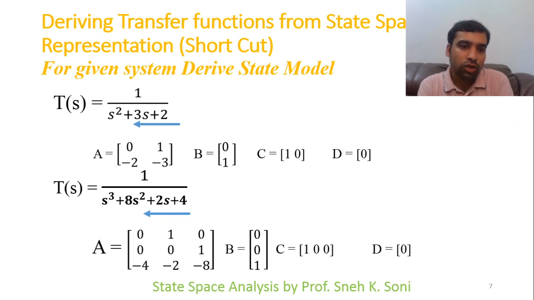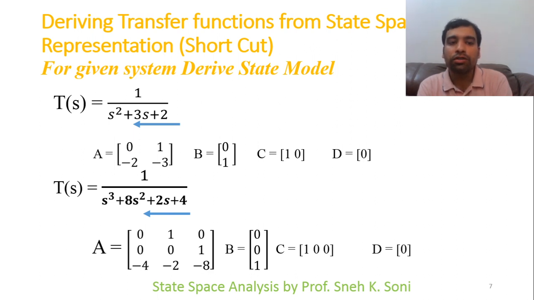The last row you write straight away from the denominator coefficients. In the second last row, the last element will always be 1, and for the remaining element, in this particular case it is 2 cross 2, so you will write 0 here.